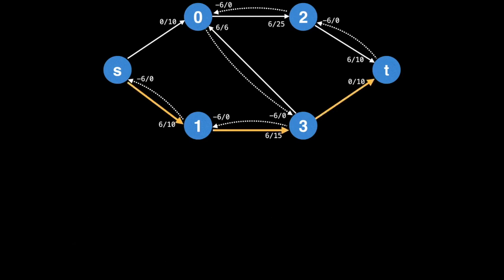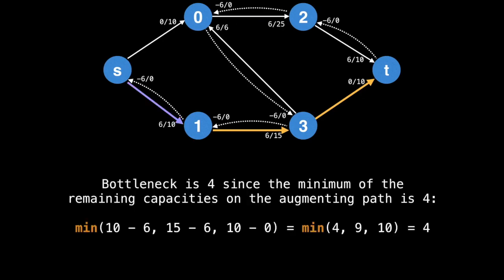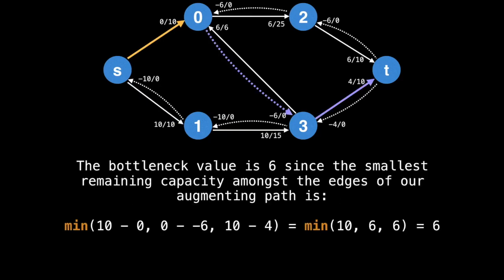Remember that we can only select edges whose remaining capacity is greater than 0 to be part of the augmenting path. So the bottleneck for this augmenting path is 4, since 4 is the minimum of all the remaining capacities along this augmenting path. Here's another augmenting path from the source to the sink. You'll notice that we're actually using one of the residual edges we created earlier in this path. You'll also notice that there are 2 purple edges in this slide.